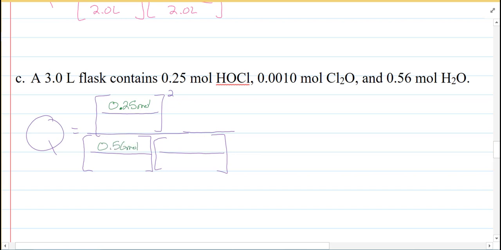And Cl2O is 0.0010 moles. The volume is 3.0 liters for everybody. And for Q, we get what? I get 111, which compared to 0.090, Q is much bigger than K. So the reaction will shift left again.